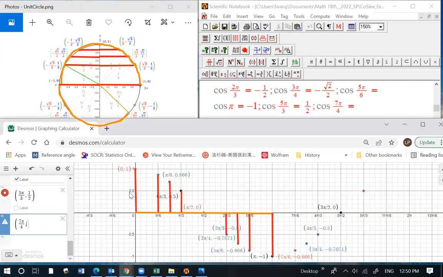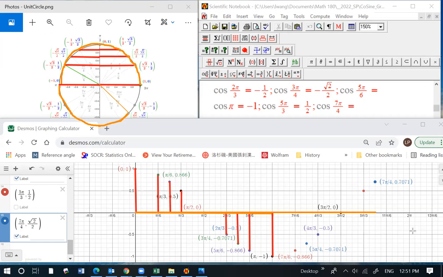So now it's going to be square root of 2 over 2. There, right there. So this arc length, from standard position all the way here, is going to be measured from the origin all the way. This is 7 pi over 4.